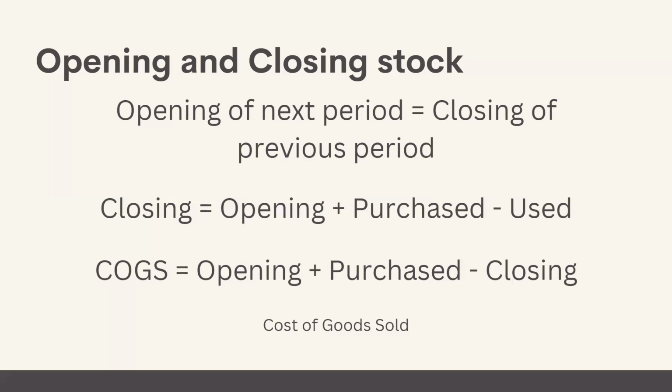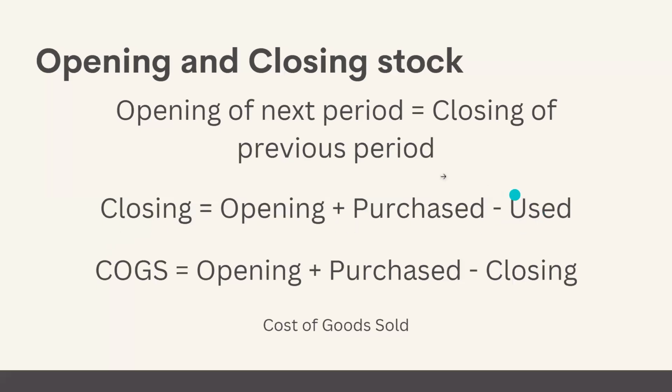If we consider the opening and closing, then you may know that the closing stock would be equal to the opening stock plus the stock that we purchased during the time, minus the used inventory. And the used inventory here, in other words, is the cost of goods sold.